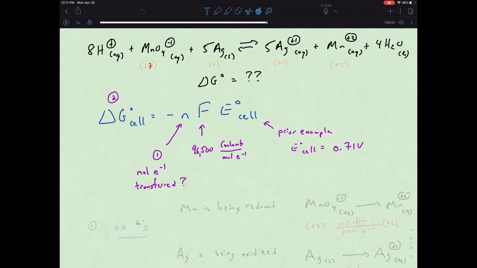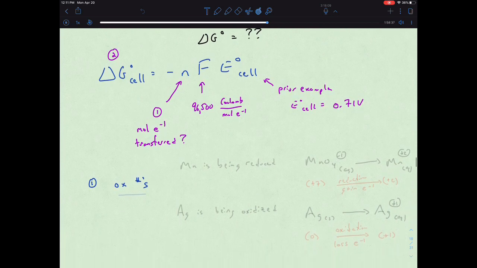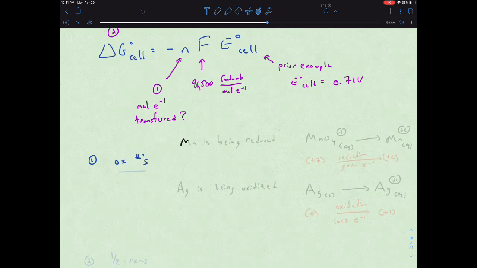So in order to do that, we really need to do all the steps that we were recognizing earlier. As far as step 1, we had to assign oxidation numbers, and we did this in the past already, focusing in on the manganese going from +7 to +2, and the silver going from 0 to +1. So from that notion of oxidation numbers, we already determined earlier that the manganese is being reduced and the silver is being oxidized.